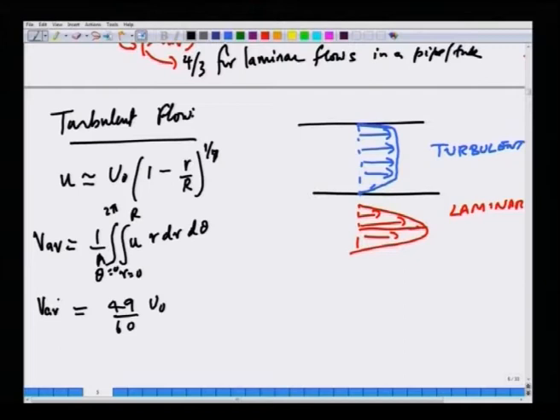So, the average velocity differs from the maximum velocity only by a factor of 49 by 60, whereas for laminar flow, if you see, it is half. So, it is 30 by 60.